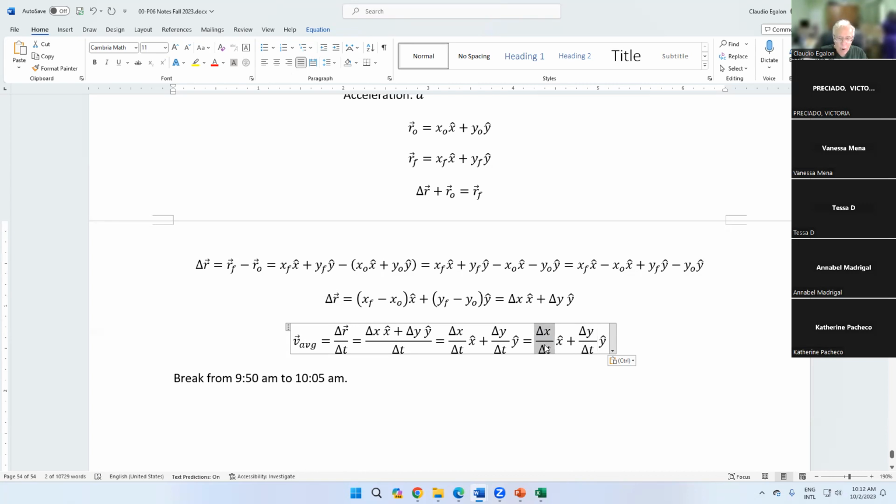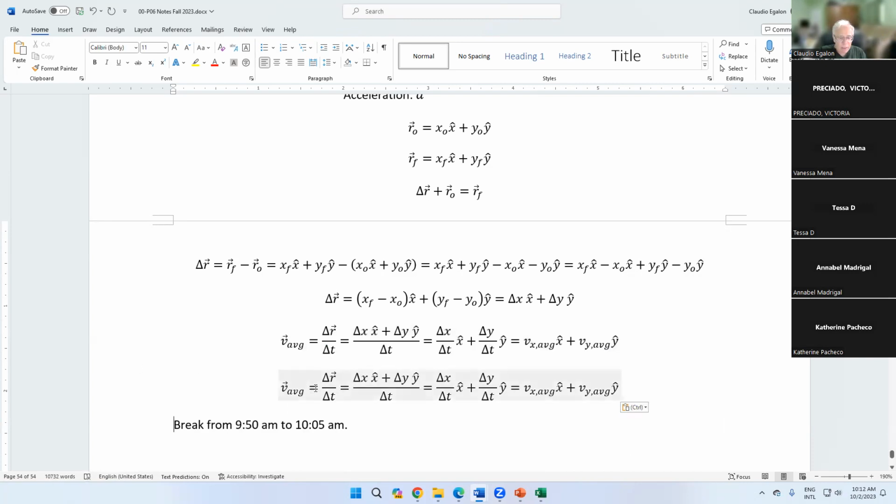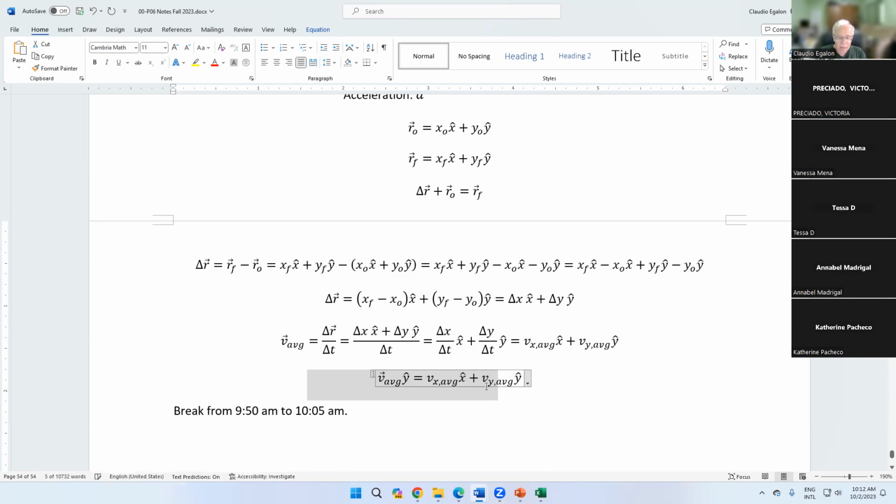I can write that as a scalar, average x, and this one here, average y: the x component and the y component. Remember, every two-dimensional vector has an x component and a y component.